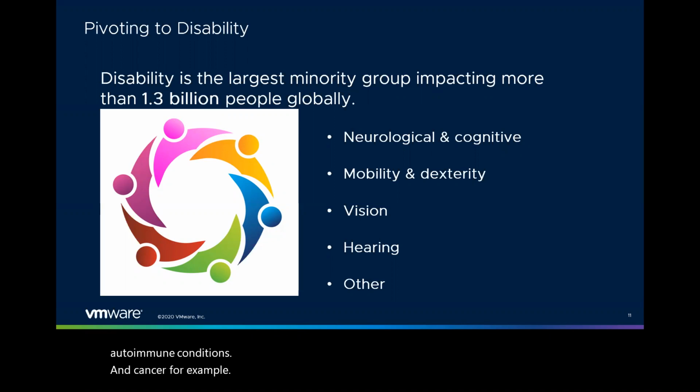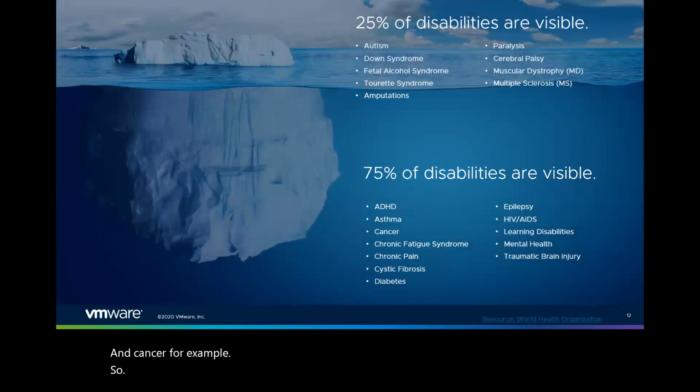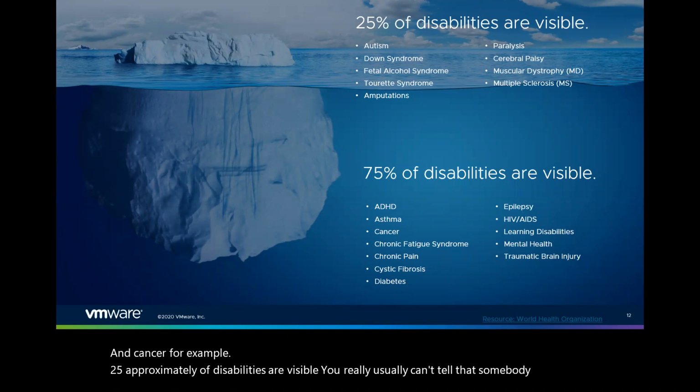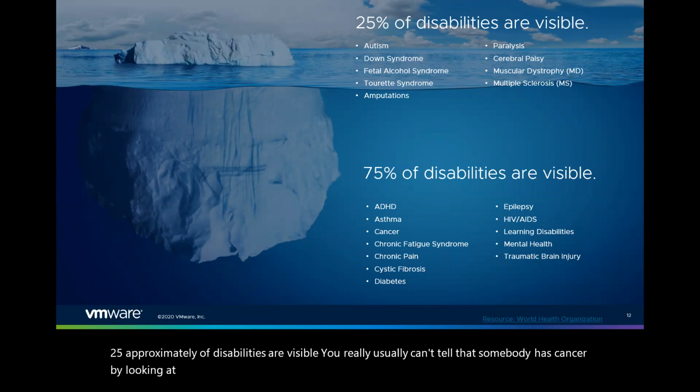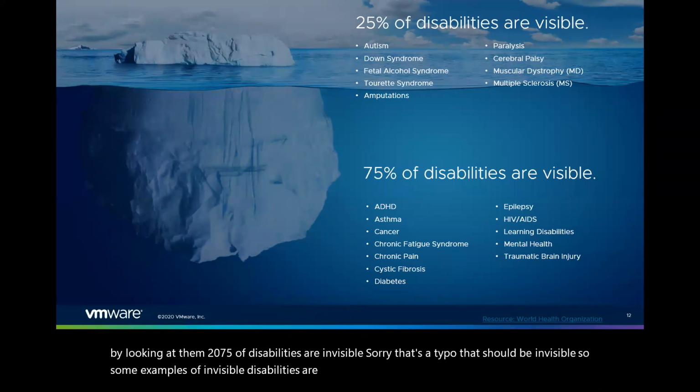Approximately 25% of disabilities are visible. You really usually can't tell that somebody has cancer by looking at them. 75% of disabilities are invisible. Sorry, that's a typo on the slide; that should say invisible. Some examples of invisible disabilities are listed here: cancer, as I mentioned, cystic fibrosis, diabetes.